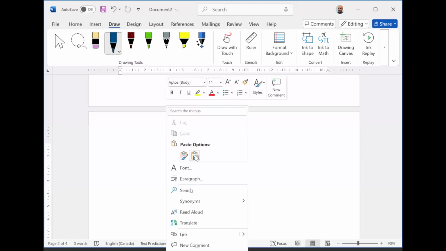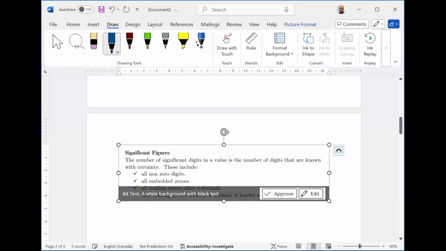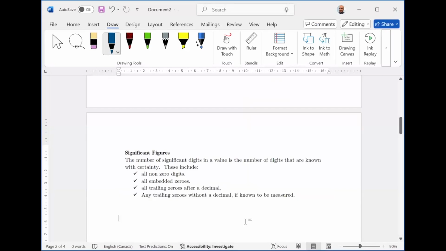Does the term significant digits or significant figures sound familiar to anybody? Has any of you guys talked about this in any of your classes before? No? Okay. So significant figures. All right. So this is where our first thing is. Okay. And I'll add this here.